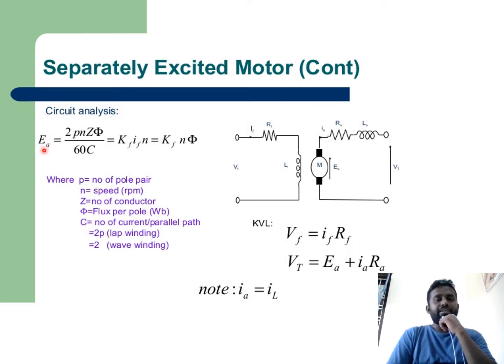So generally EA or EB is given by 2 pi Z phi by 60 into C, or KNφ directly you can write it, and VF is equal to IF into RF. IF is the field current, RF is the field resistance, and VT is equal to EA, or EB, plus IA into RA. IA is the armature current, RA is the armature resistance.